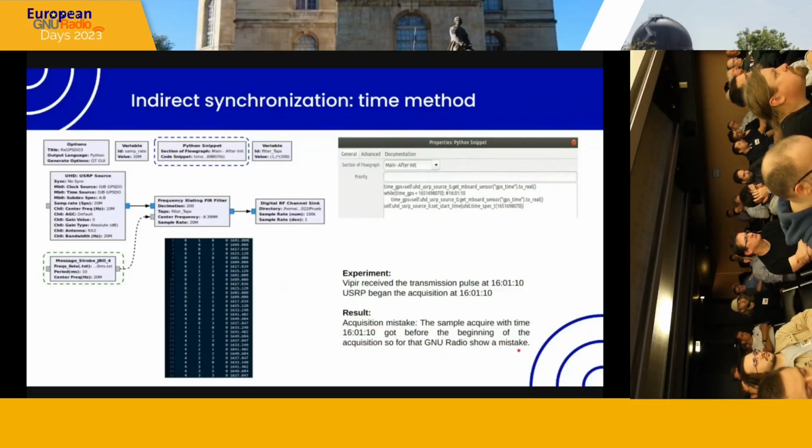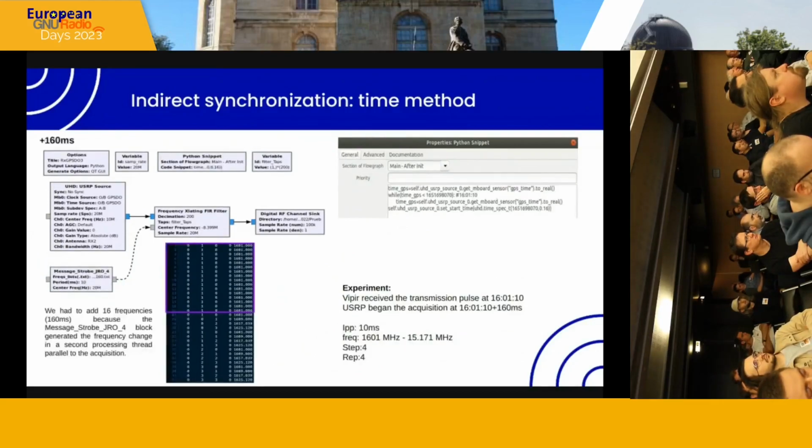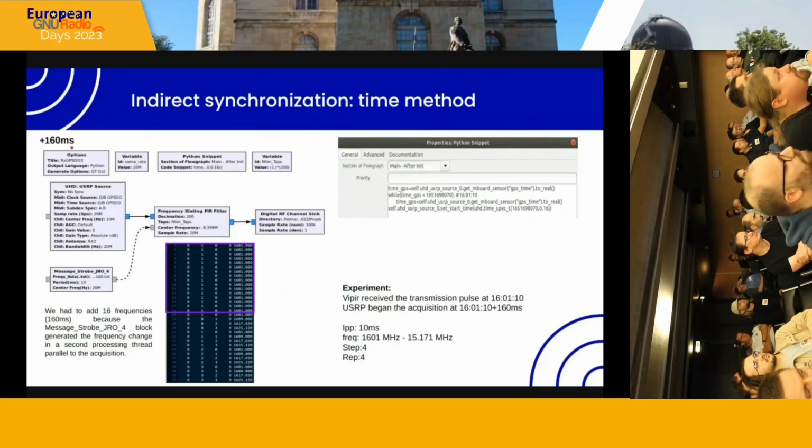GNU Radio showed an error. So what we did was add time. We will wait until the transmission starts, but we will begin the reception 160 milliseconds after the transmission, after we recognize the pulse.